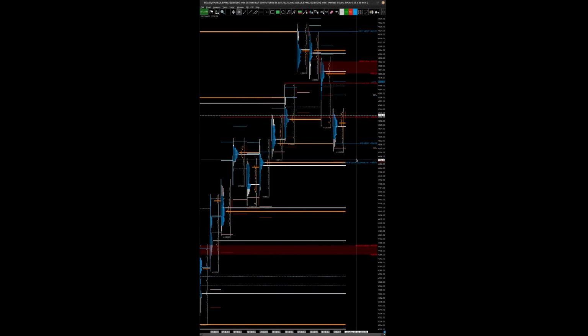So here, I had it here. 100% extension is 44.89. Also, it lined up here with this volume point of control from 324, right? So these are the kind of things that I have on my chart, right? You've got this TPO, you've got this VPOC here.